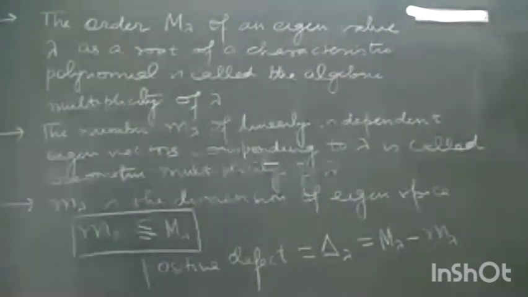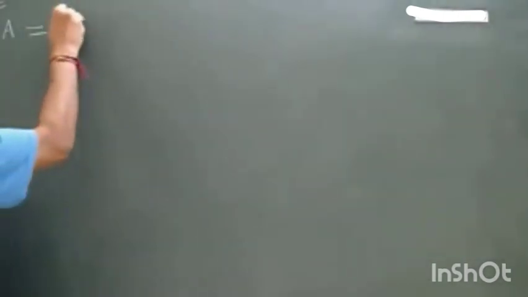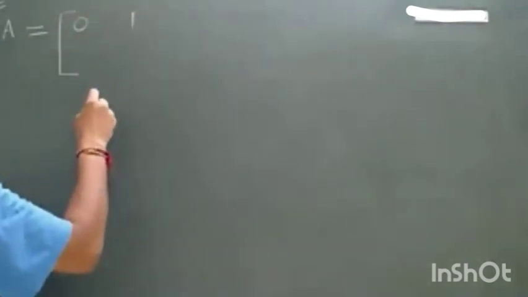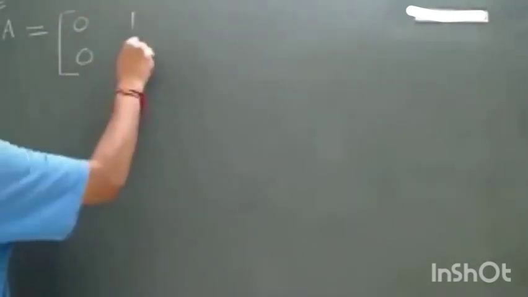I will solve one more question and we will just write these quantities there. Okay, so again I am giving you a matrix. Capital A is equal to 0, 1, 0, 0. Suppose this is the matrix.